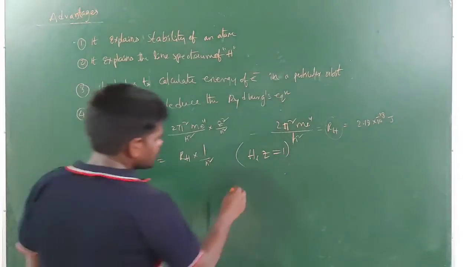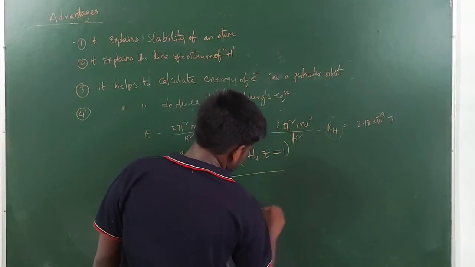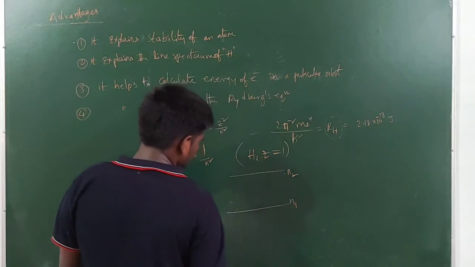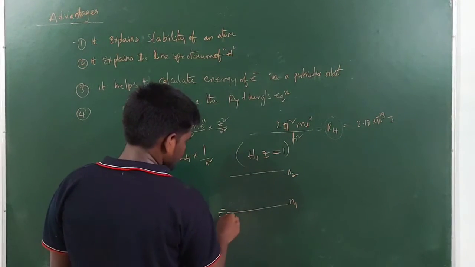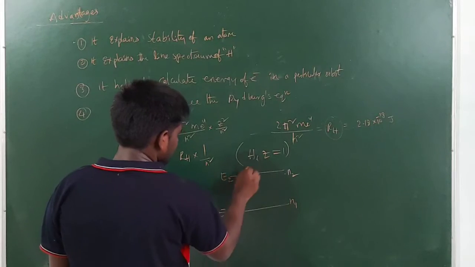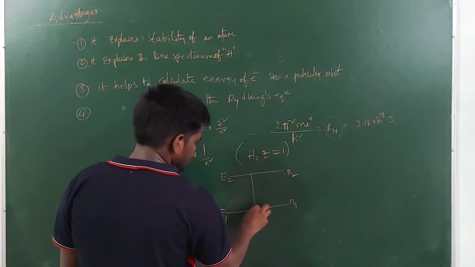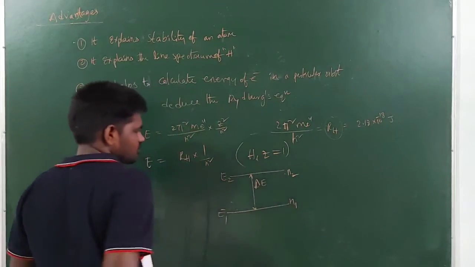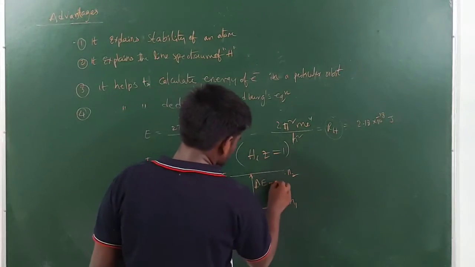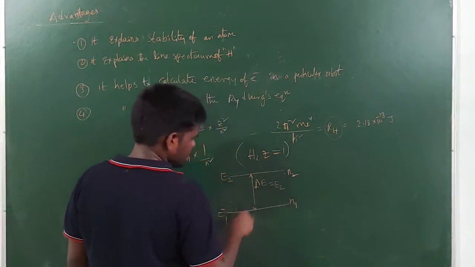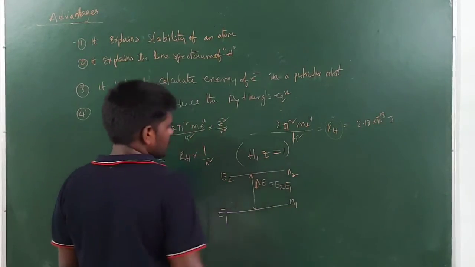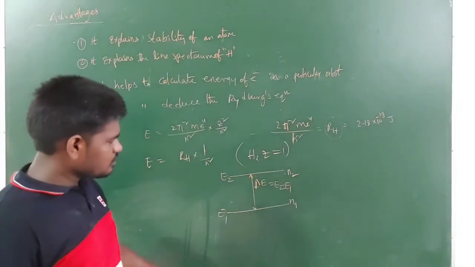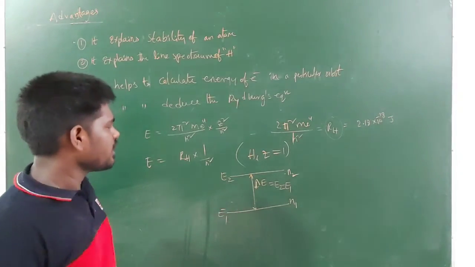So now let us consider two energy levels in the hydrogen atom, which are n1 and n2, and the energy of the n1 energy level is E1 and here E2. Now here the energy gap between these two is delta E. This delta E is equal to the energy difference, E2 minus E1. Now, guys, I want to write the energy equation for the first orbit and the second orbit.